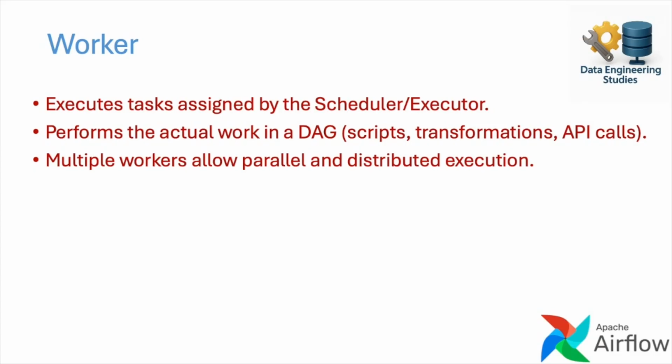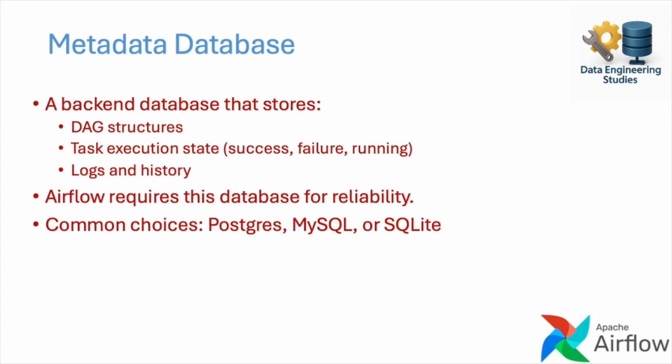The next component is the metadata database. Metadata database is the backbone for Apache Airflow. It stores critical information such as DAG structure, task execution states such as success, failure, or running, logs, and history of task runs.